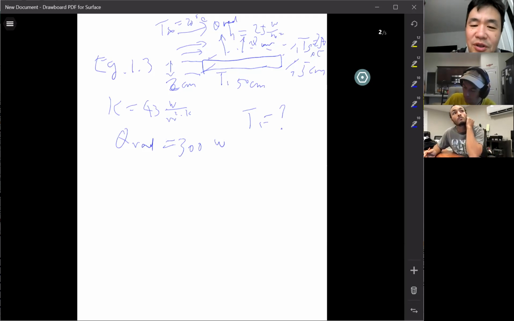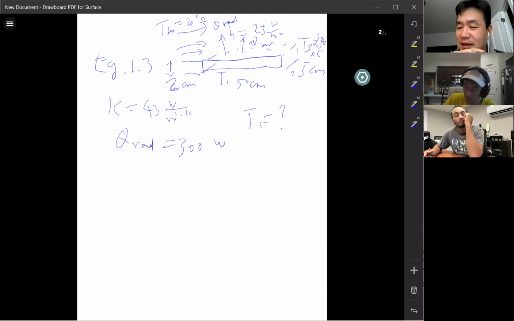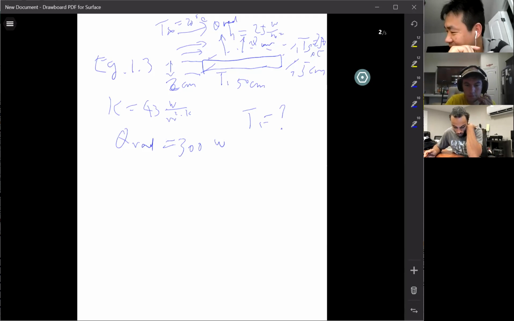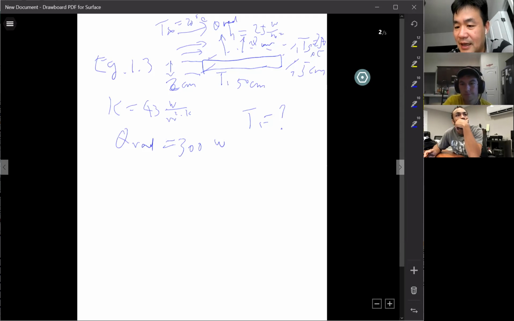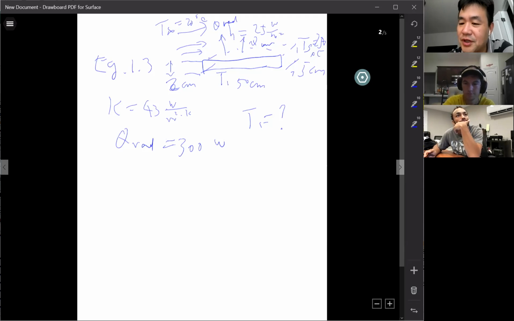Now, T1 on the other side of the plate: should T1 be greater than 250 or less than 250? Is it hotter on the other side of the plate? I assume it should be hotter, because look at the direction of the heat flow. Heat transfer is going out of the surface to the ambient, so for the top surface there must be an inlet heat transfer.